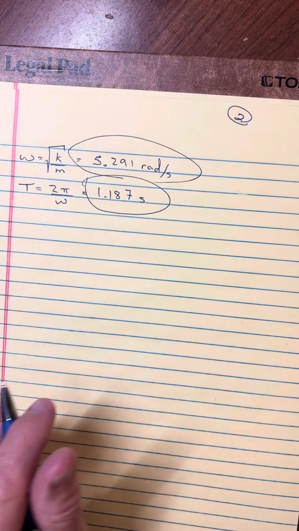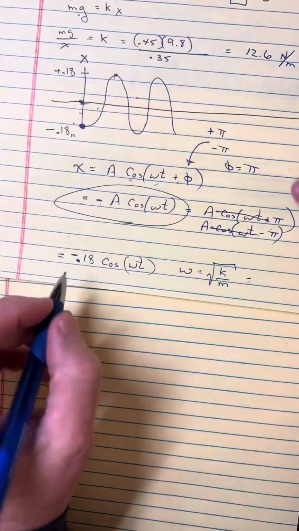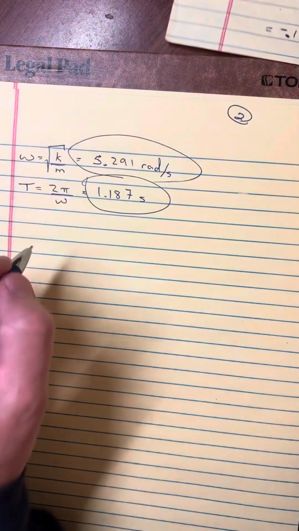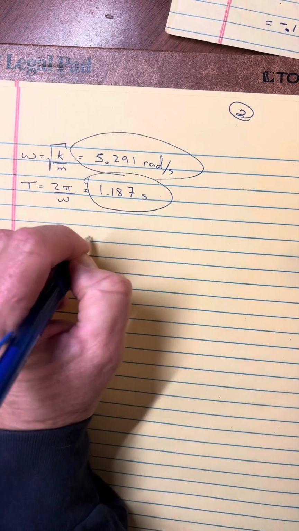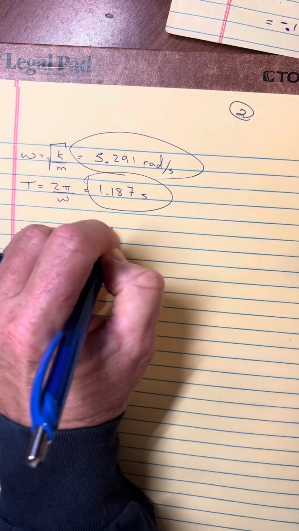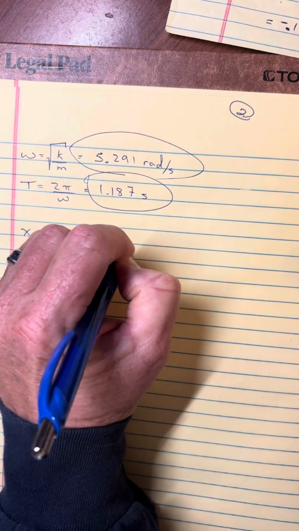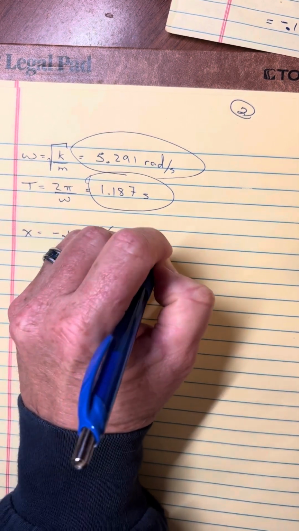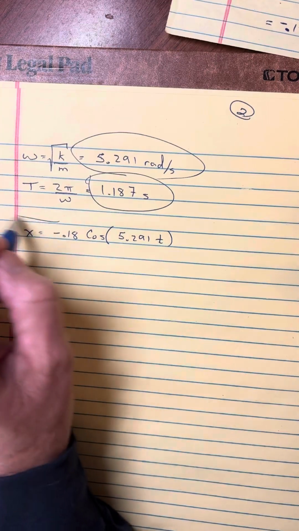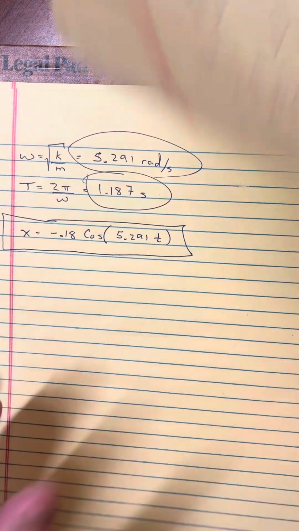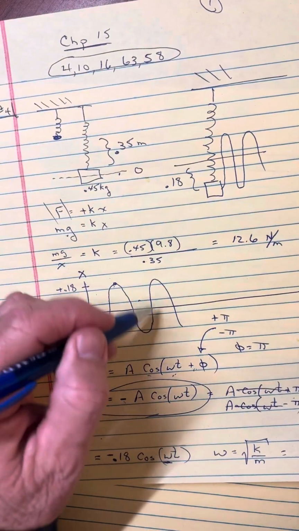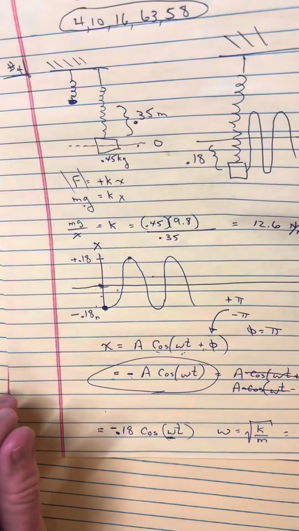So finally, I can put this in here by saying, okay, x equals negative 0.18 cosine, and my omega is 5.291 t. This would be the mathematical equation describing the position of this mass as it goes up and down.